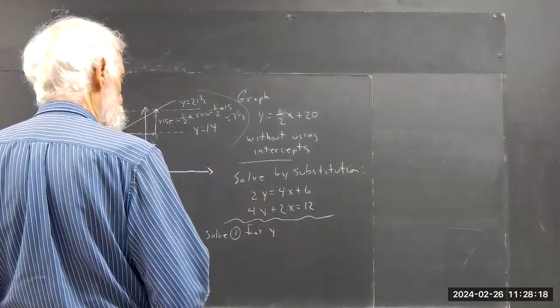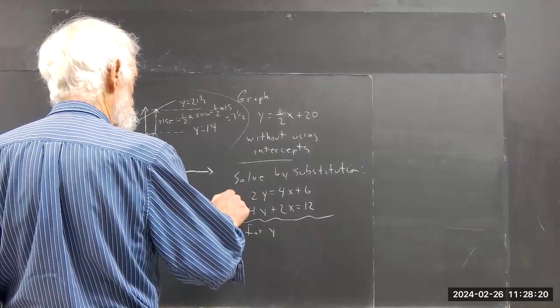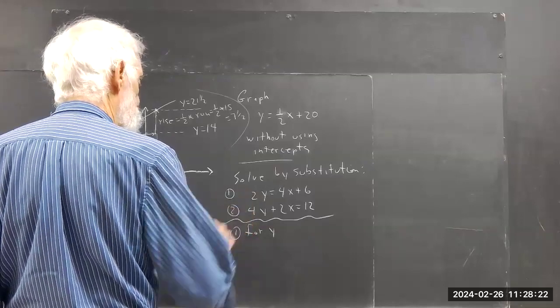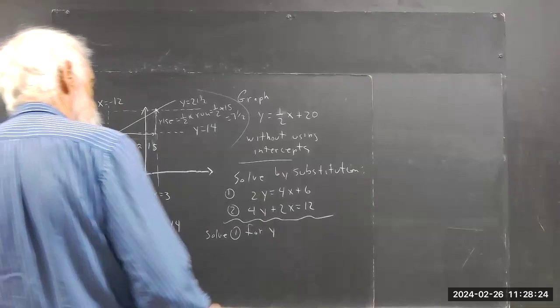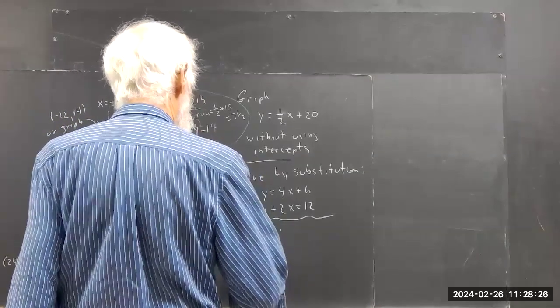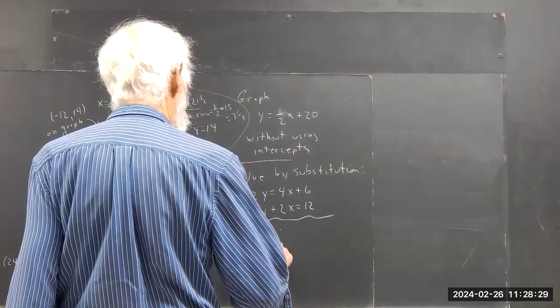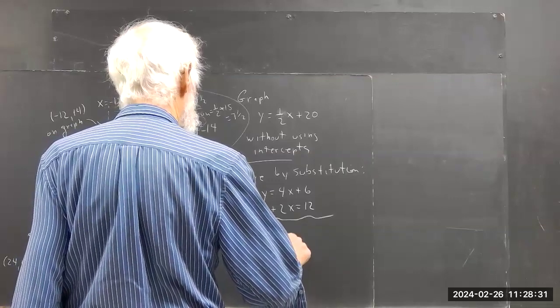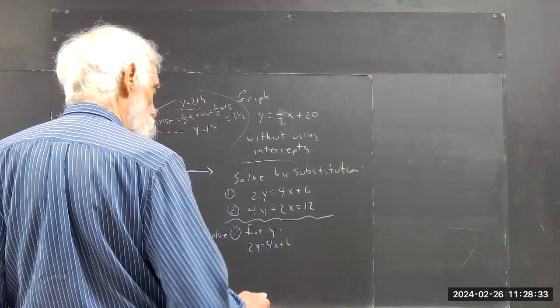We'll solve the first equation for y, and we'll number these equations 1 and 2. You got 2y equals 4x plus 6. You divide both sides by 2.